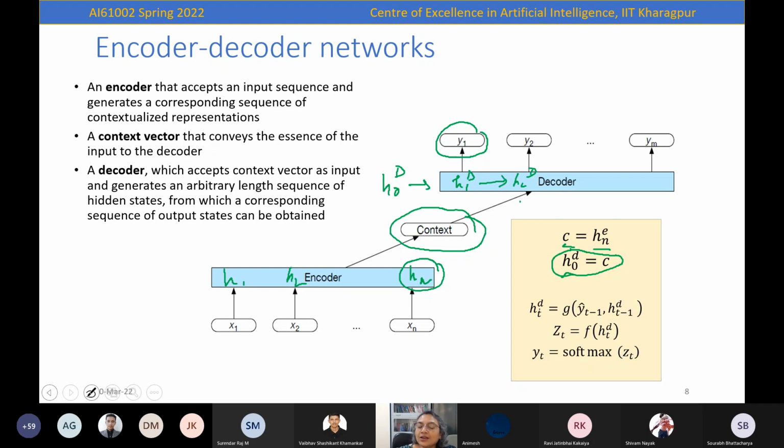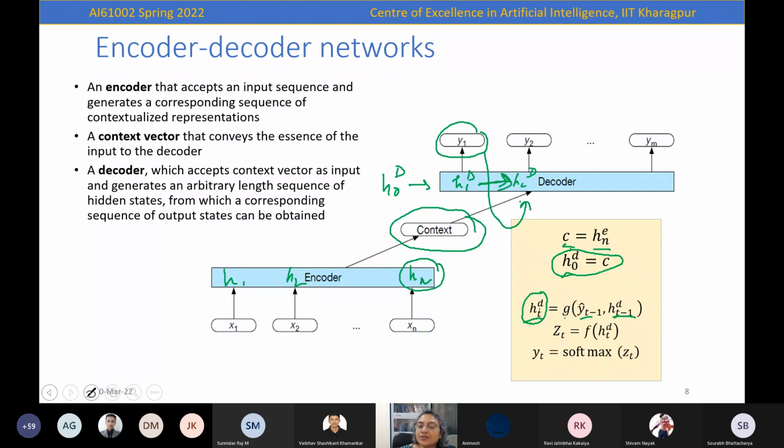Now, in the decoder, HTD, the Tth element of the hidden state of the decoder, is some function of the previous output generated, which is y hat t minus 1, and the previous state of the decoder. So these two are the input to a decoder state.